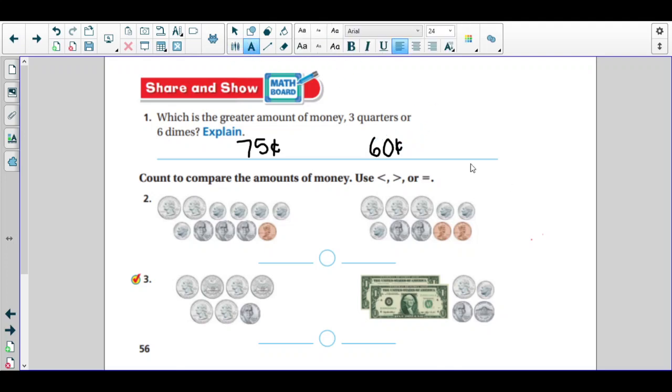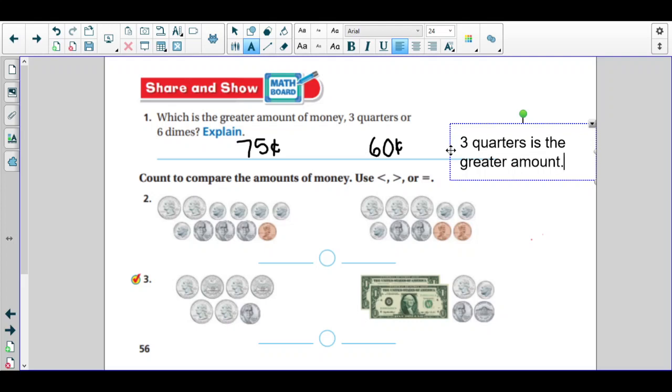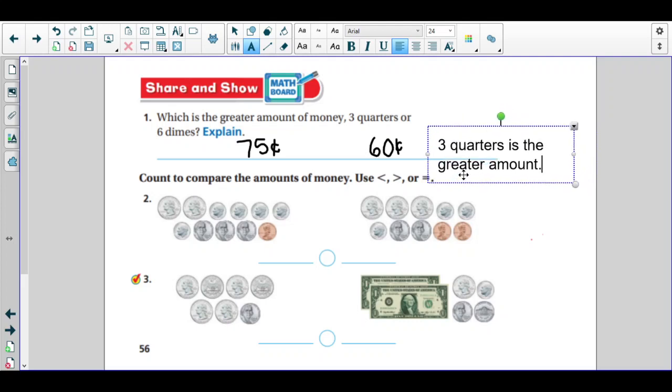All right, and that one is 3 quarters. It is the one that is the greater amount. Okay.